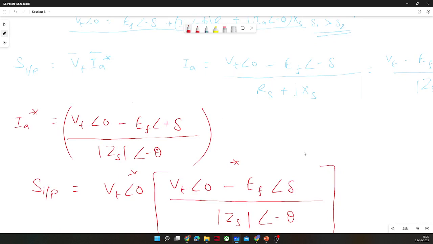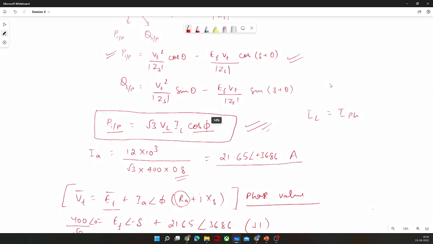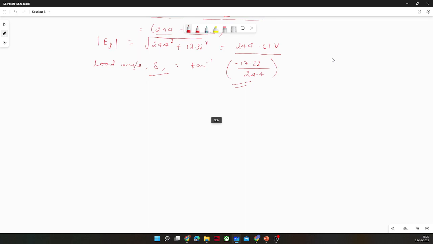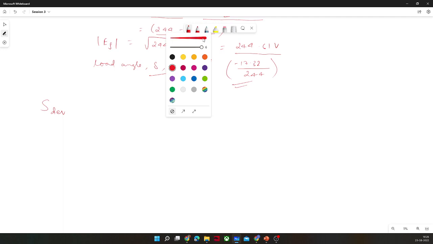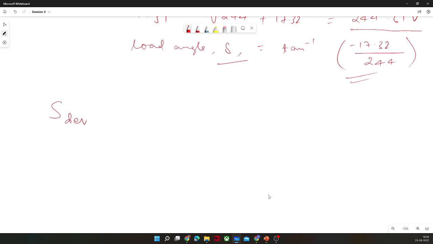I want to derive this formula for developed power as well. So what would I have done for S developed? S developed is happening at this side, EF angle minus delta and IA angle phi. Let us take lagging power factor.